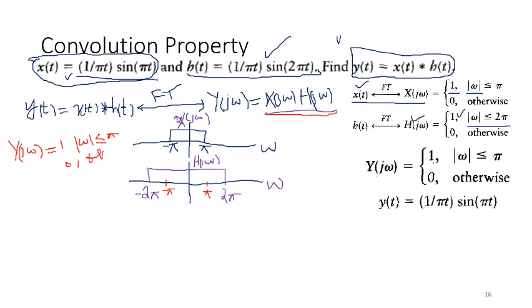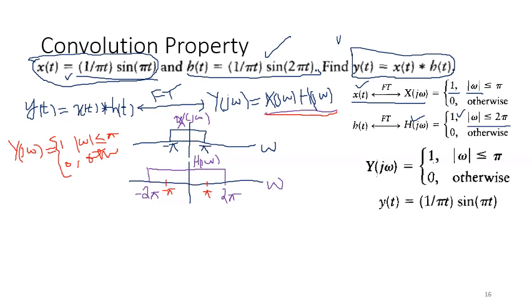That means for all other values it will be 0. Similarly, from minus pi up to pi this signal is 1 and this signal is 1, so the product will be 1. From pi towards infinity, this signal is 0, so the product will be 0. I have explained this type of signals many times, so I hope you understand.